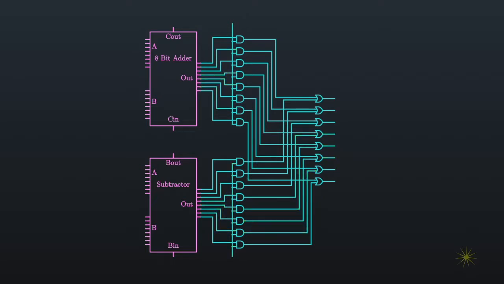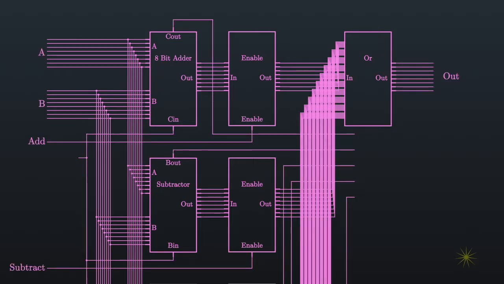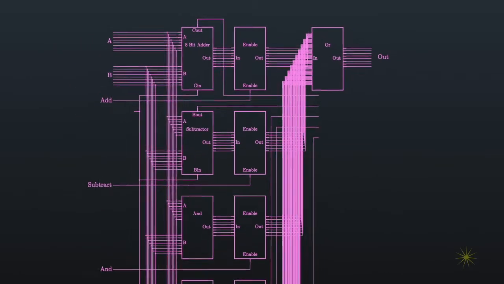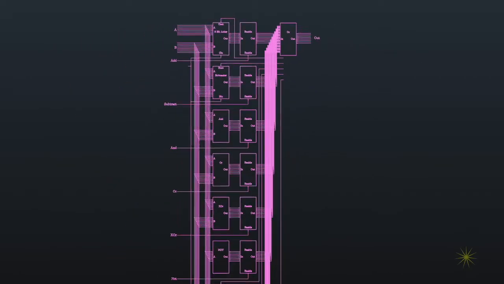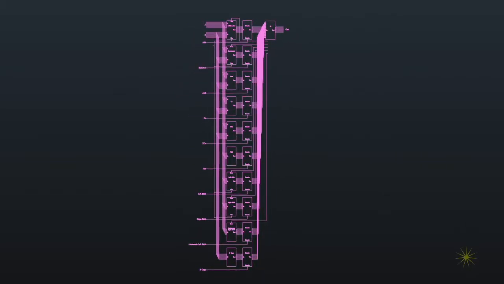If we encapsulate our AND gates as an enable circuit and our OR gates into an OR circuit component, and we repeat this for all of the other components, we now have most of what we need for our Arithmetic Logic Unit. Depending upon which enable gate we select, we get the results for the component we want.